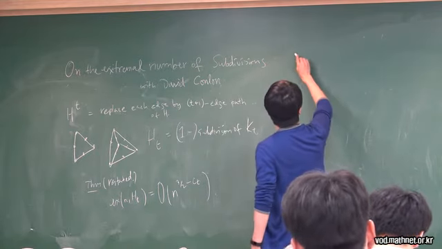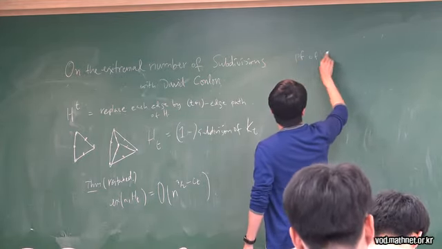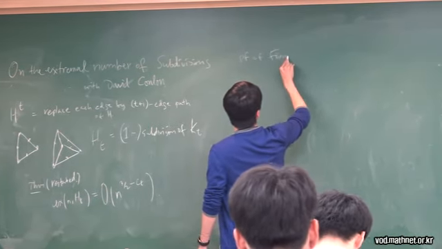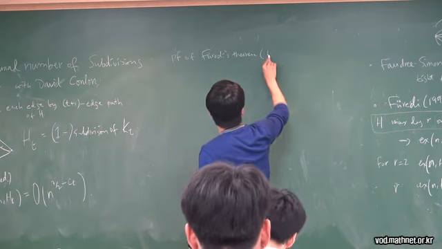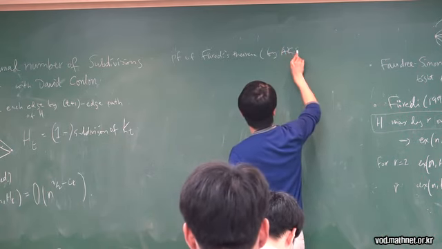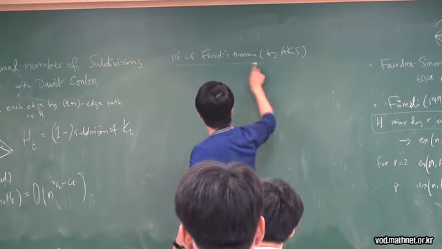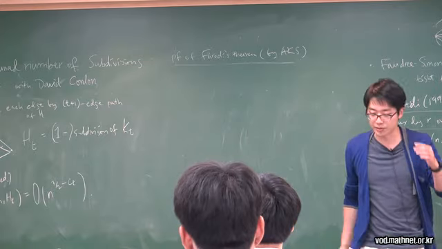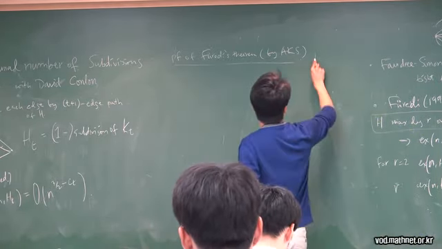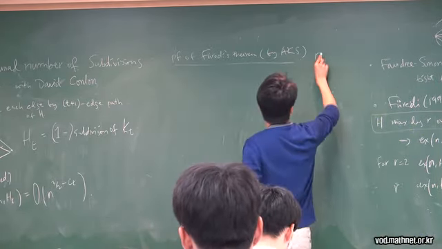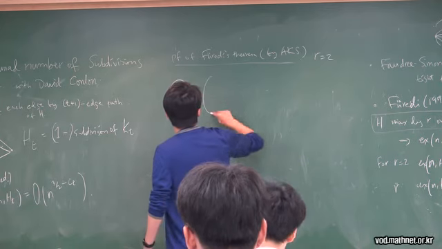So let me give a proof of Füredi's theorem by Alon, Krivelevich, and Sudakov. Perhaps just a sketch of the proof, for r equals 2 to avoid some extra complication. So here's a proof.